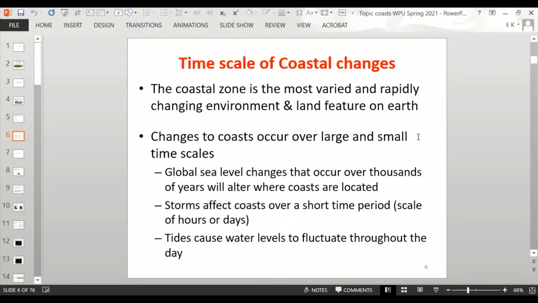It undergoes many changes, some on a large time scale and some on a small time scale. So global sea level changes would be a long time scale. Storms would be a short time scale. And then tides make the water levels fluctuate throughout the day. So that's an even shorter time scale.